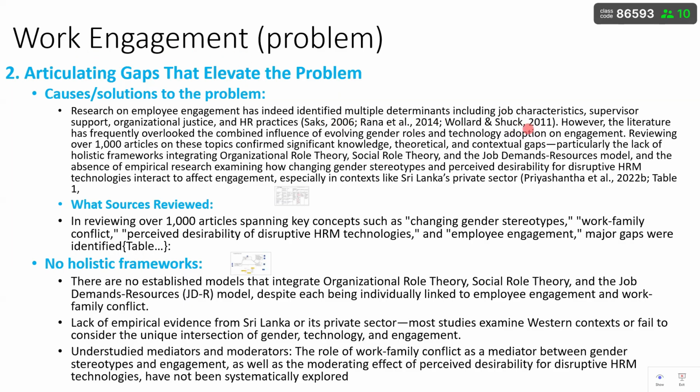These are the sources in which they have clearly found the causes or factors that influence work engagement. For example, if sufficient, well-defined job characteristics are provided, obviously work engagement can be increased. When the supervisor really supports, work engagement can be increased. When organizational justice is practiced, obviously work engagement will be increased. Those things are available in the knowledge bases, right?